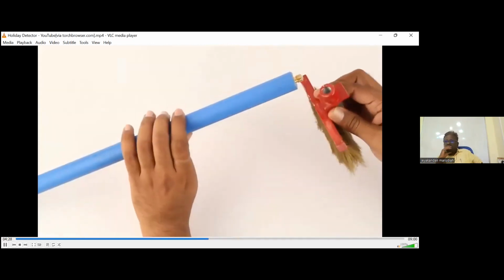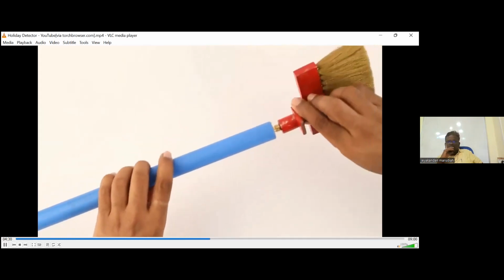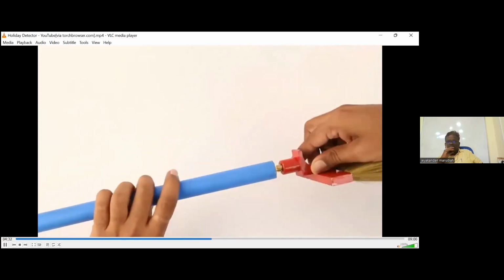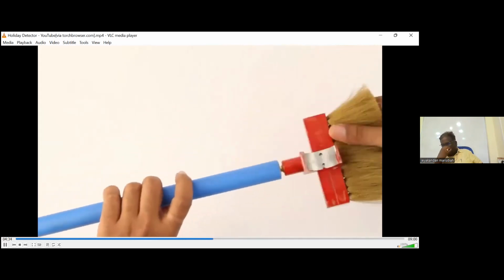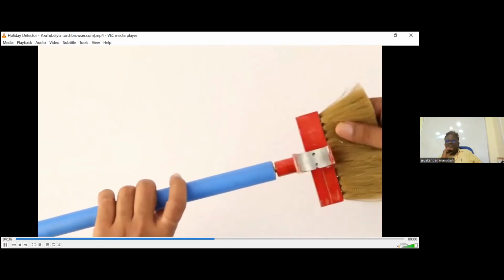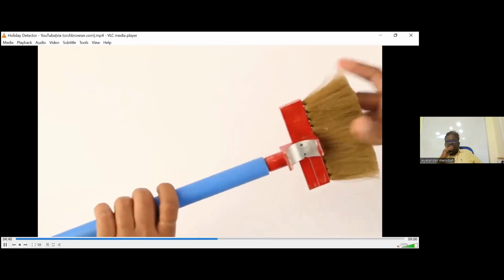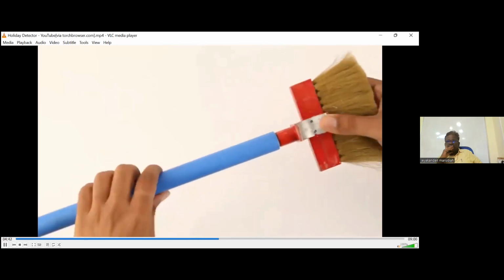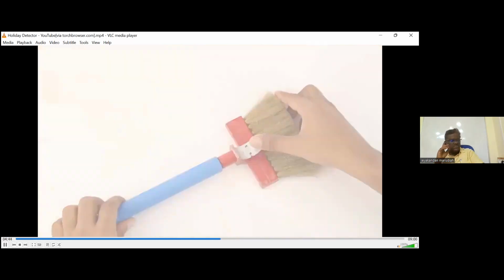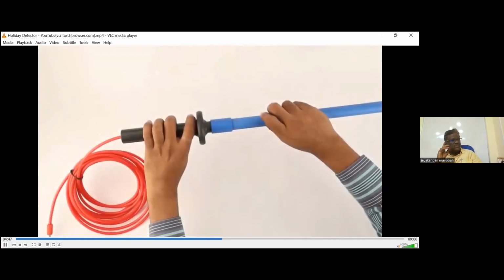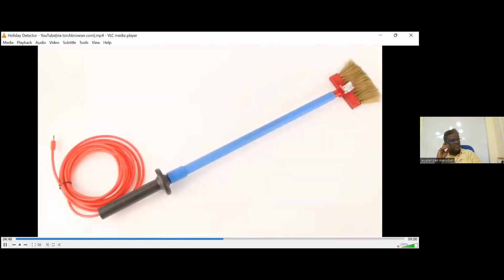To start the testing, the wheel is attached to the aluminum socket of the brush. The other end of the pushing rod is attached to the PHD wire.